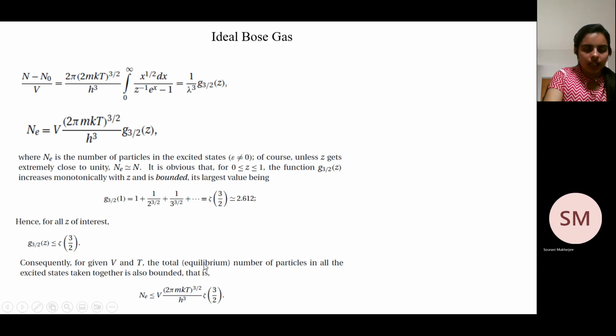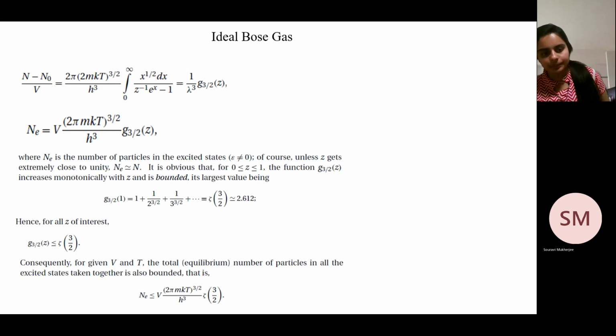Now you have to consider that you had N number of particles, and out of that, N0 is the number of particles in the ground state and Ne is the total number of particles in the excited states. You are told that the number of particles in the excited states has a limit. So given some value of N, two cases can now arise.